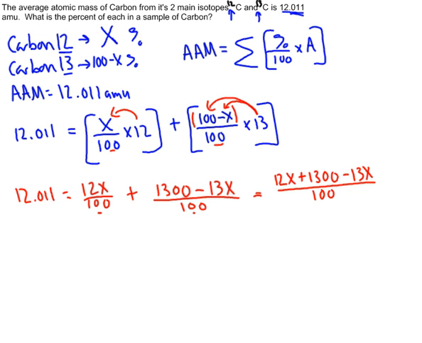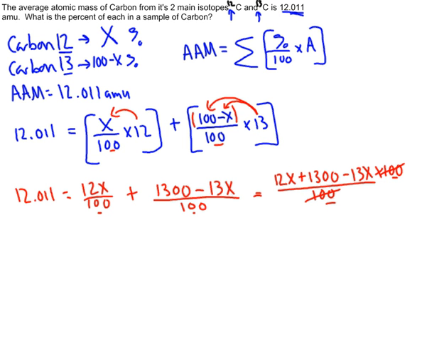So now we have basically 12.011 equals an algebraic expression over 100. How do you get rid of the 100 on the bottom? Well, if the 100 is dividing into the 12x plus 1300 minus 13x, to get rid of it, we need to multiply by 100. So note there's 100 on the top, 100 on the bottom. That means they cancel. Anything over itself is just 1.